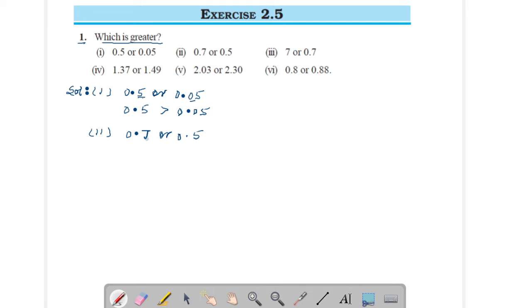Then after decimal, tens place. Here it is 7 and here it is 5. The 7 is greater than 5. So directly we can say that 7 is greater than 5, or we can say 0.7 is greater than 0.5.